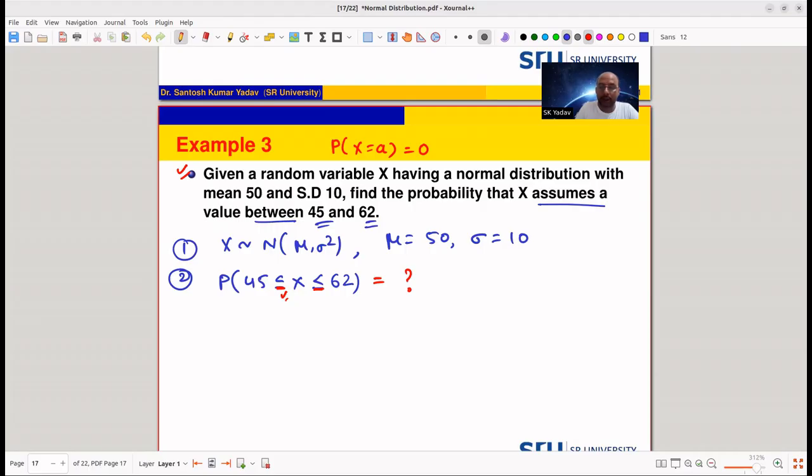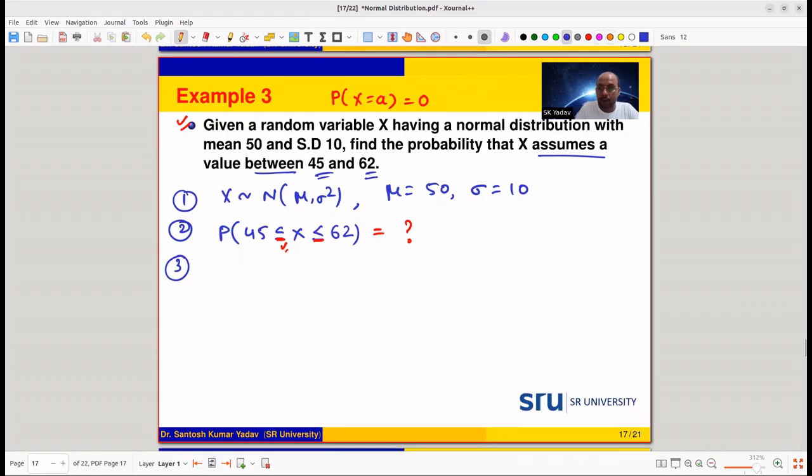Now, as the third step, we have to change these x values into z values. When x1 equals 45, z1 equals 45 minus the mean 50, divided by 10. So this value comes out to minus 5 by 10, which is negative 0.5.